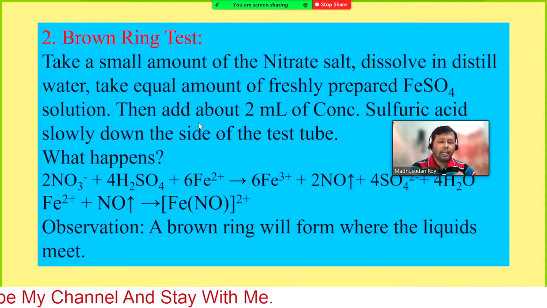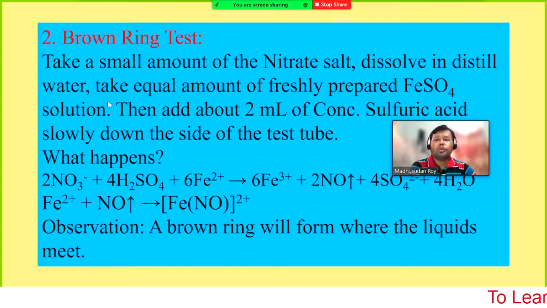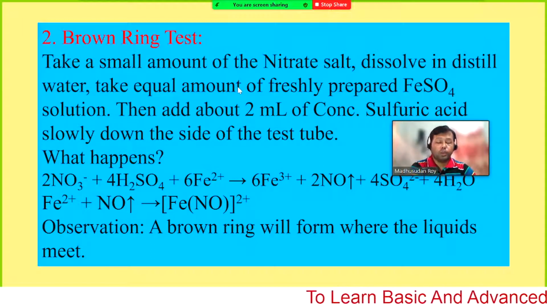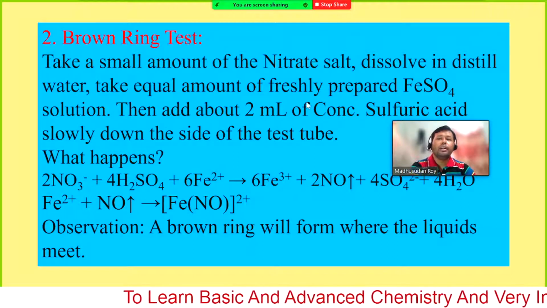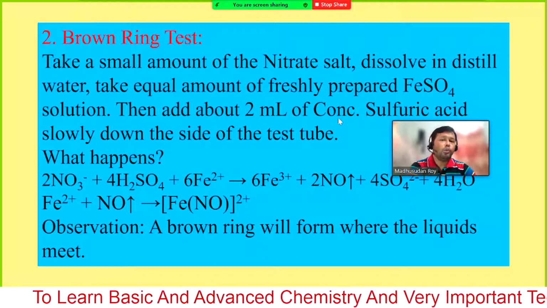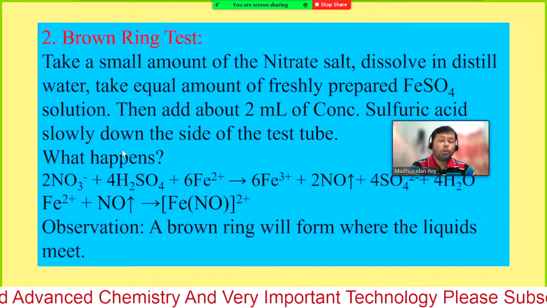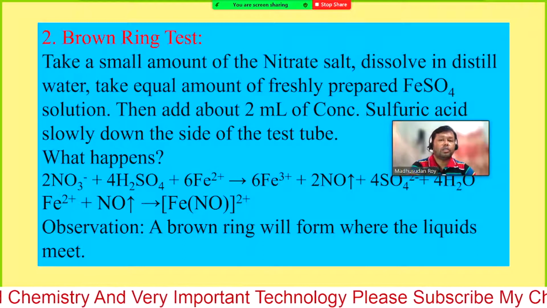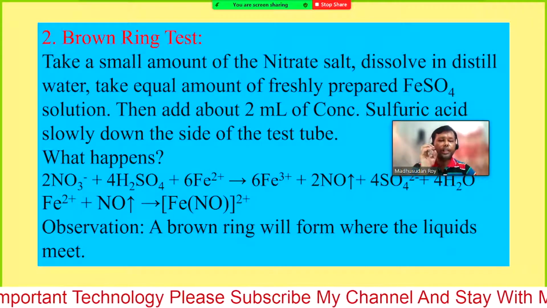Then add about 2 milliliter of concentrated sulfuric acid. This is the most important precaution.